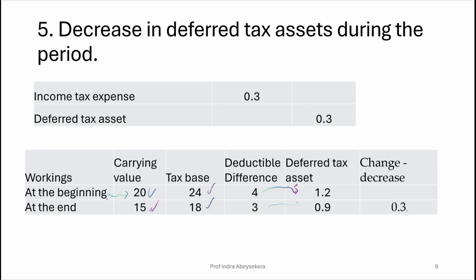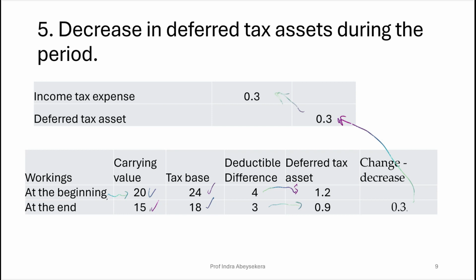Applying the tax rate, it's $900. So from $1,200 it has become $900. Therefore, there is a decrease of deferred tax asset of $300. So we credit deferred tax asset $300 and we debit income tax expense $300.